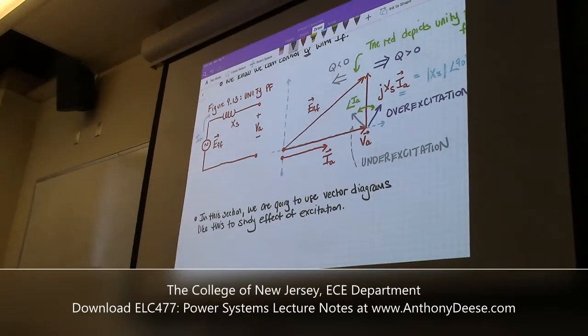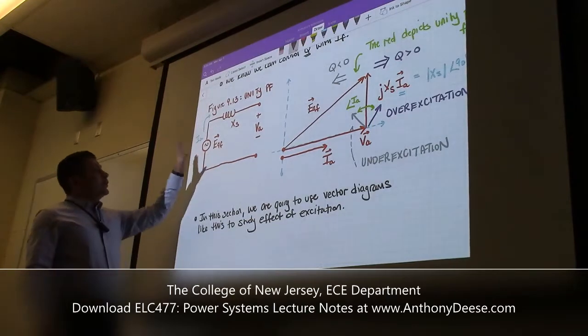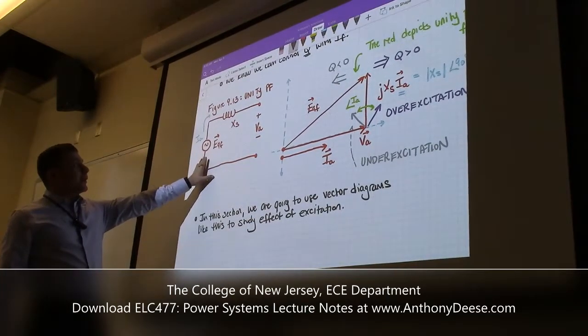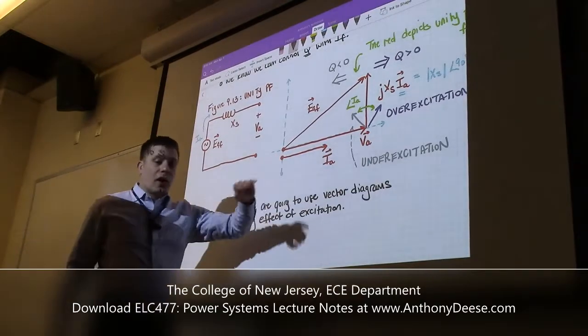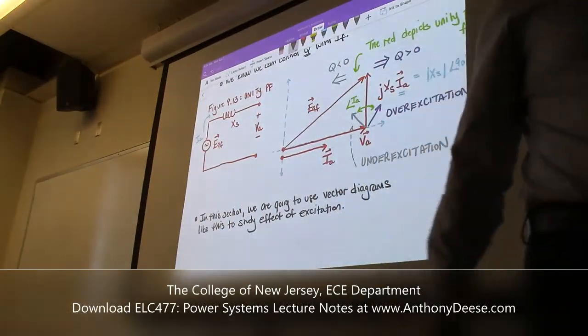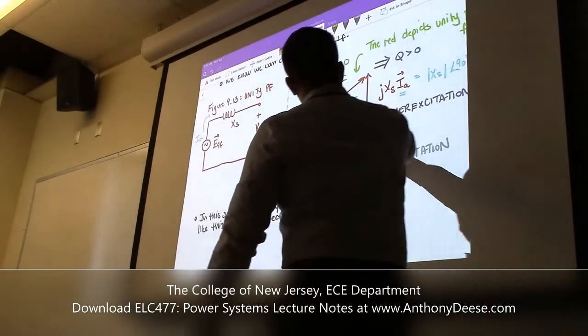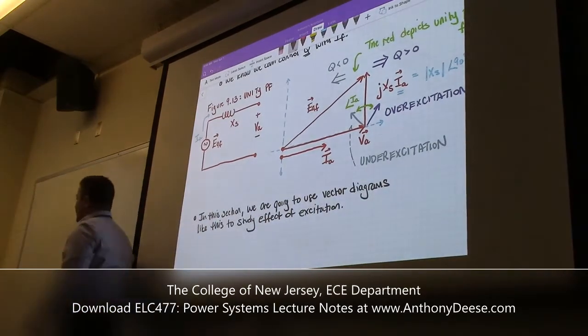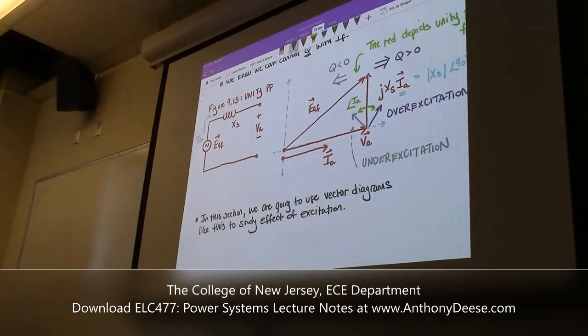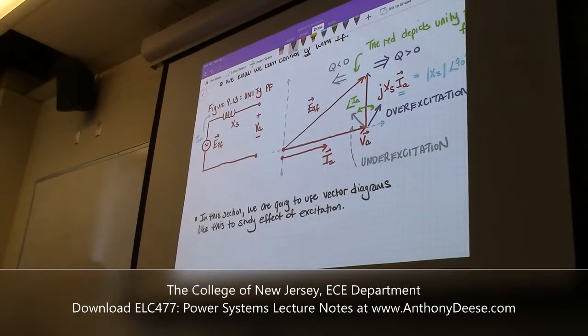The vector diagrams are nothing more than using this simplified version of the generator model and drawing the vectors that go along with it. The real aspect that's going to change is this angle of IA. Most everything else is only going to change in terms of length. VA may get longer or shorter, JXS may be longer or shorter, EAF longer or shorter.